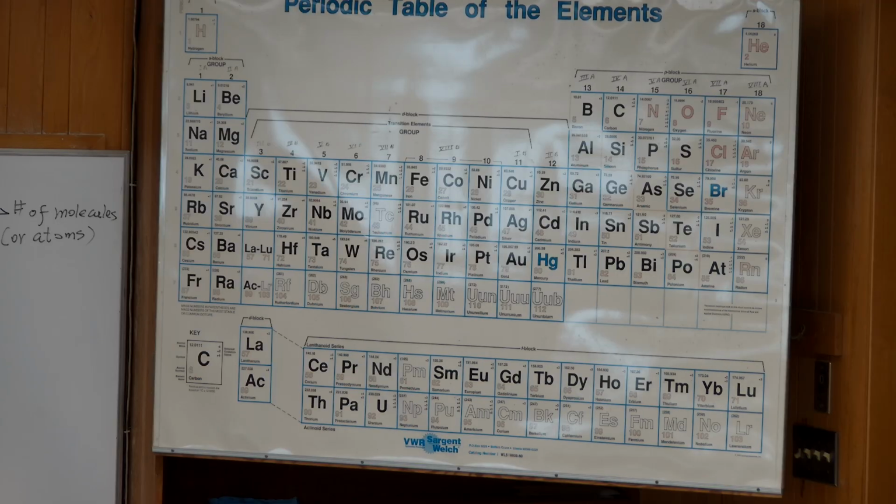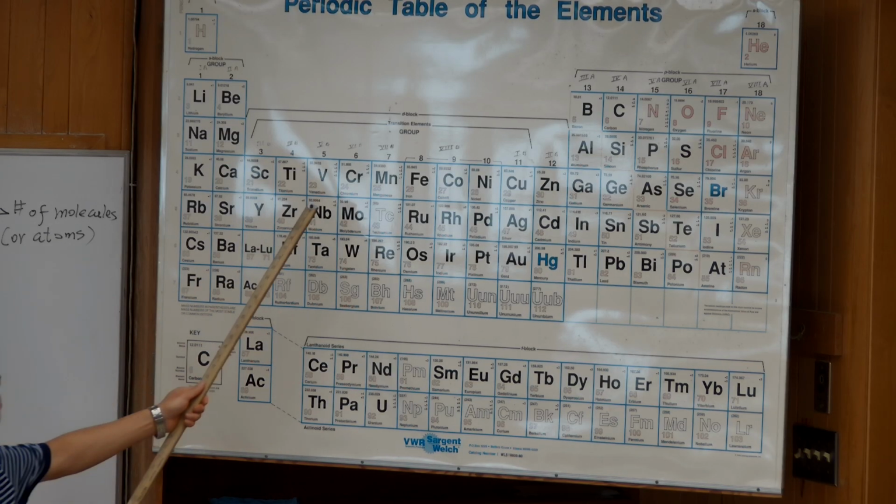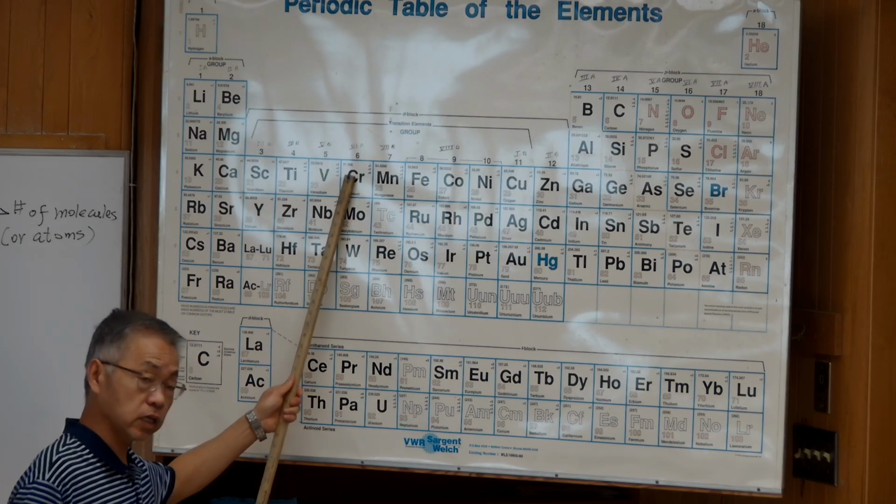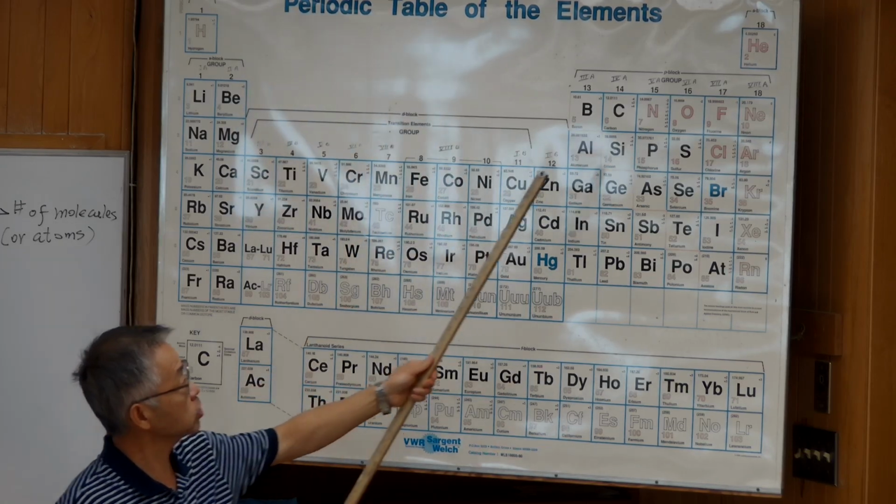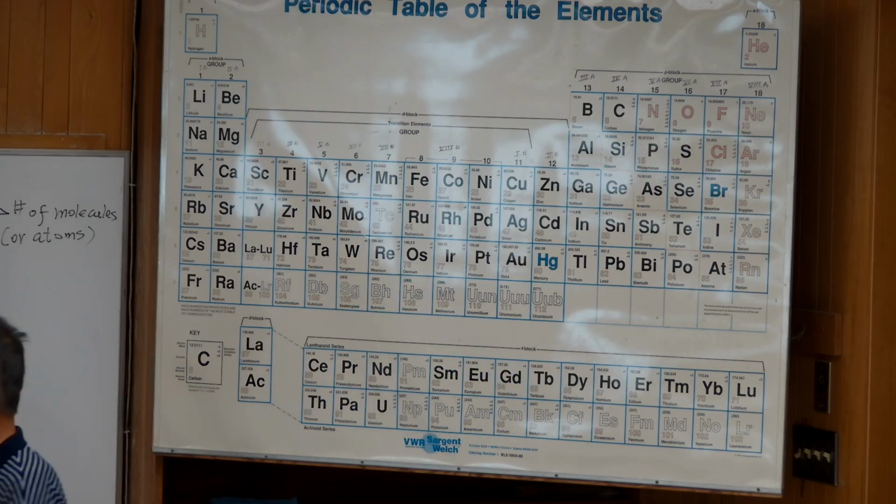Cr is here, 51.996 is 52. Oxygen is 16. So 2 Cr, 3 oxygen. Add them together, 152. So mass divided by molar mass, you get the moles.